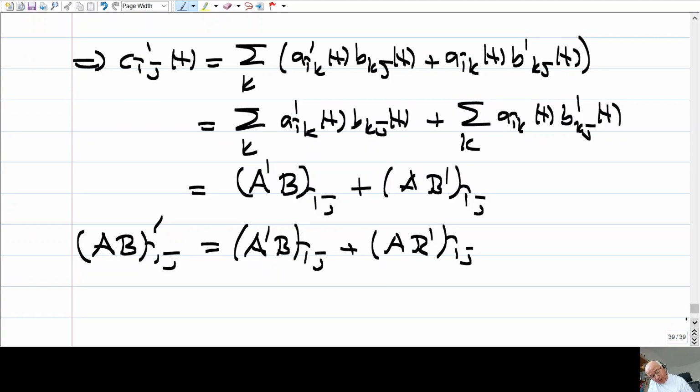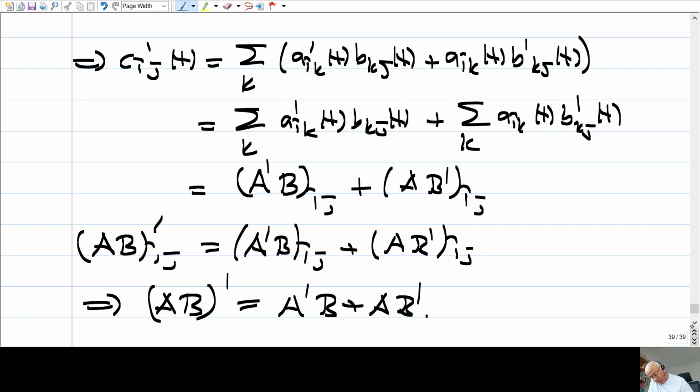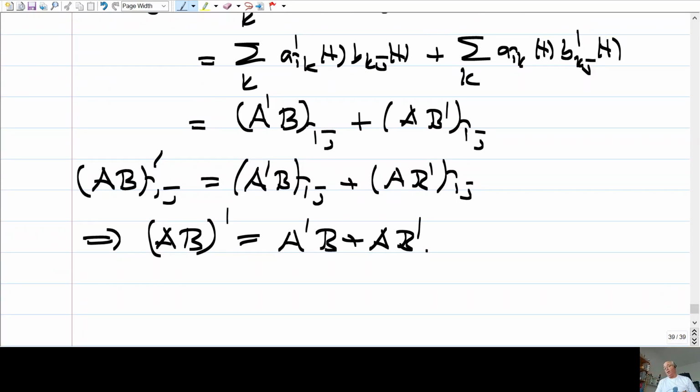This means the derivative of A times B is just the derivative of A times B plus A times the derivative of B. Okay.